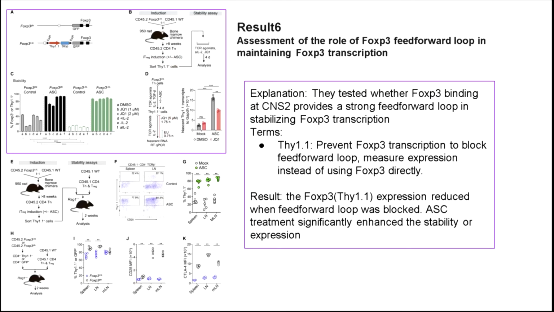Firstly, they checked the stability of Dye 1.1 expression in vitro. In figure C, more than 55% of control iTreg cells and more than 80% of wannabe iTreg cells failed to maintain Foxp3 or Dye 1.1 expression.